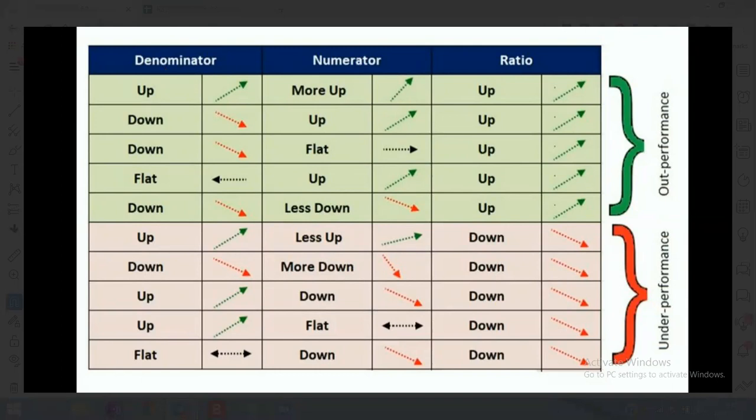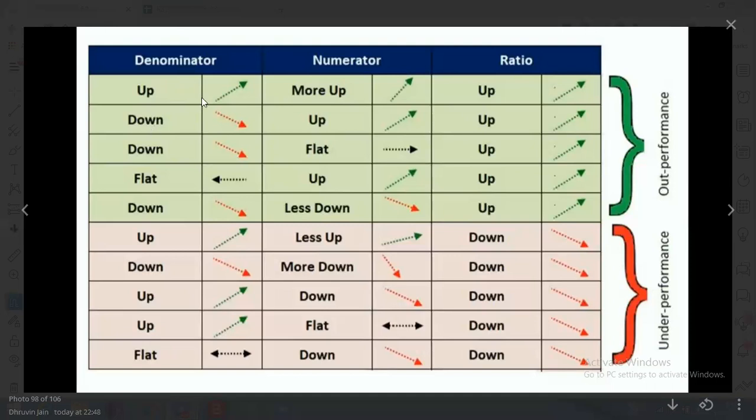So let me show you the outperformance in this quadrant. If the Nifty, the denominator, is moving up, but the numerator, which is your Nifty Financial Services, is more up than the Nifty, then your ratio line is up.